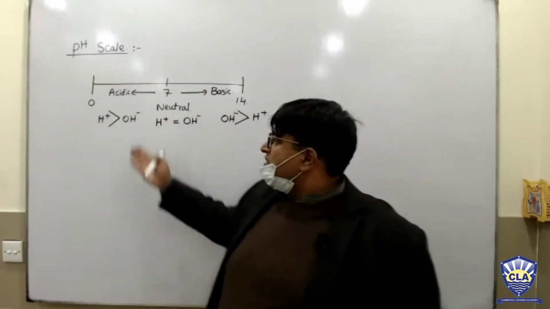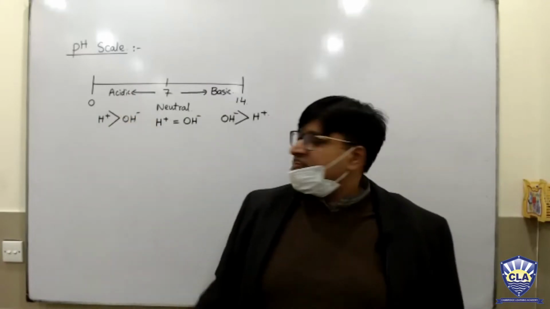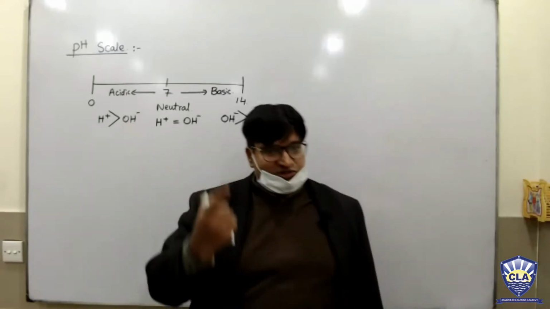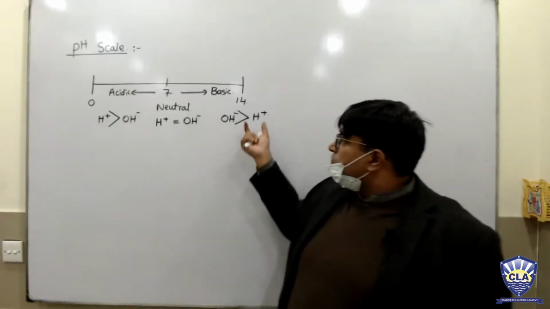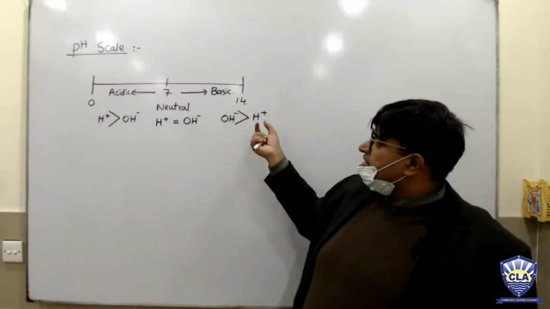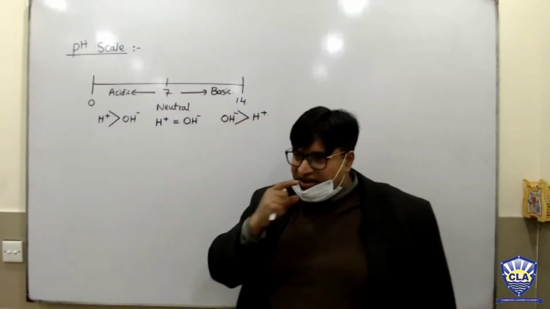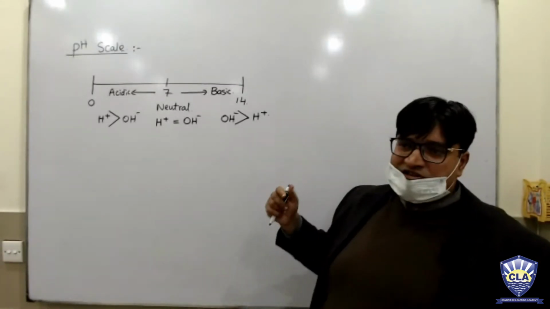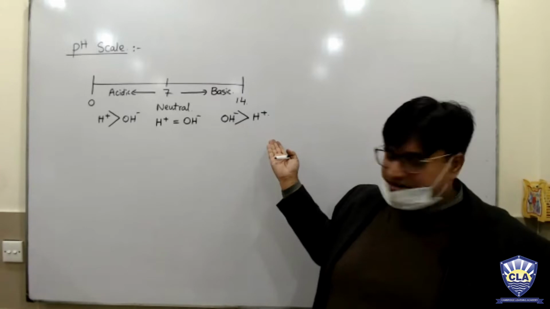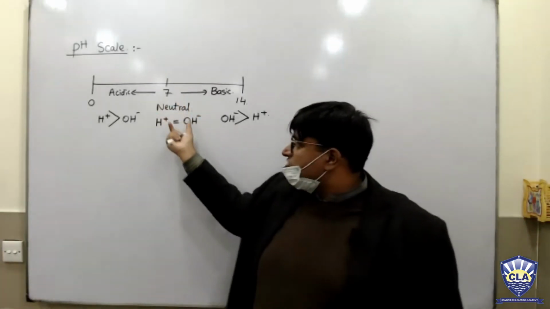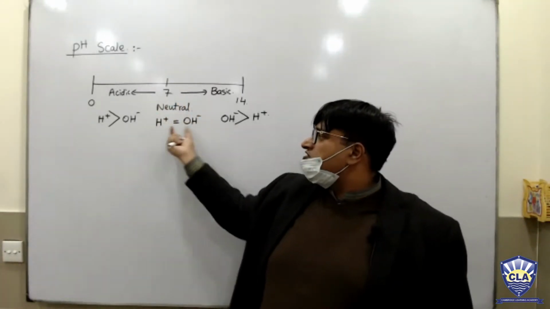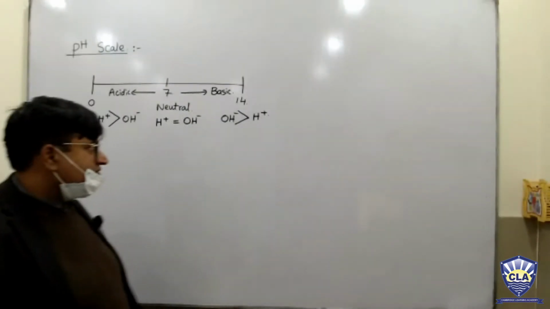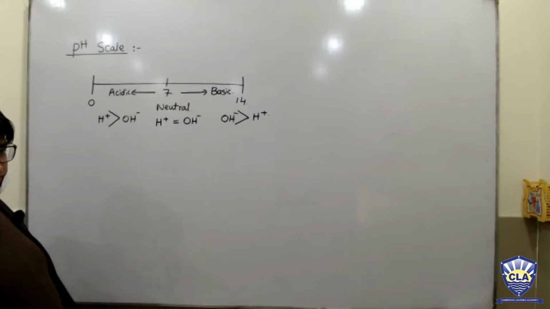Let's suppose in the acid, the amount of H positive ion is 5,000 and the OH negative ions are only 1,000. If you move towards the base, the OH negative ion amount is, let's suppose, 4,000, and the amount of H positive is less, let's suppose 500. But if it is a neutral solution, the amounts of H positive and OH negative are exactly the same. You got it, guys?